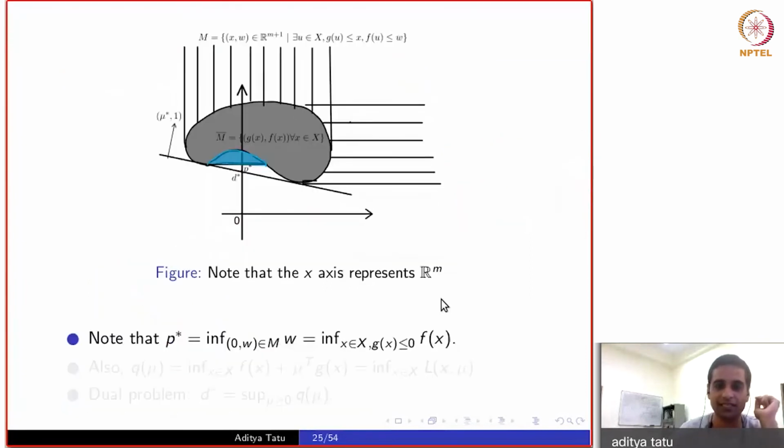So that's one thing done. What is P star? How can I write P star? P star is the smallest intercept of all points on M as well as on the y-axis, right? So that was the definition we gave here. What are the kind of points in our new set M?